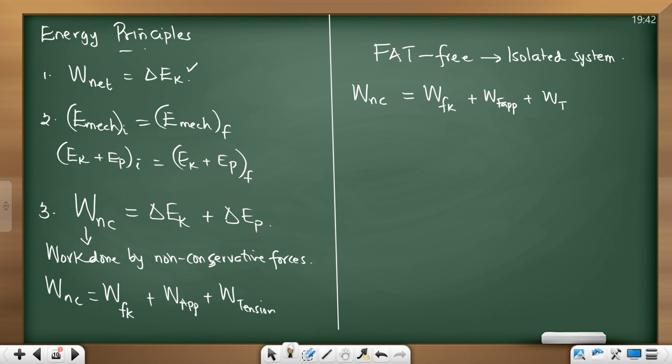But in an isolated system, is there friction? If friction is not there, can it do work? If applied is not there, can it do work? If tension is not there, can it do work?